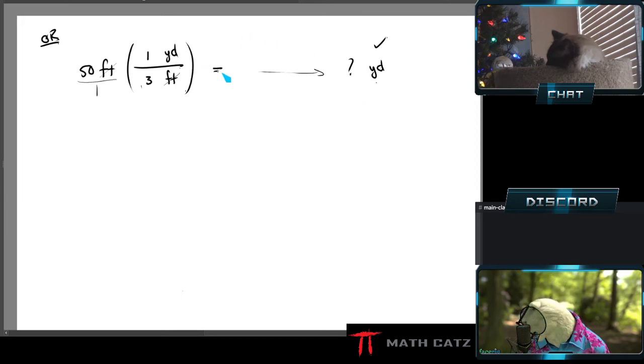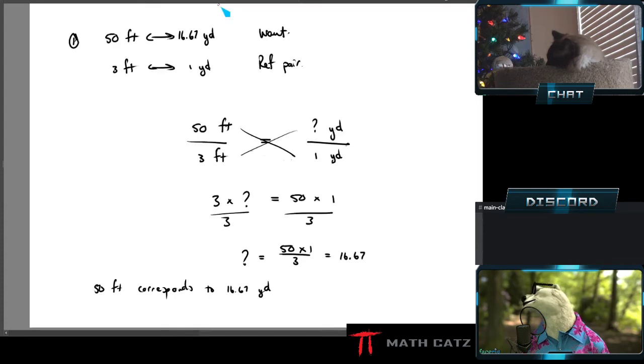So then you see here the feet cancels with this feet as if they're numbers. I can sort of simplify them to see that my end unit is what it should be, even though they're not numbers, but they sort of work the same in simplification. And then I have 50 times 1 over 3, and again here I get 50 times 1 over 3, which is of course the same. So it's just a slightly more compact version of this.